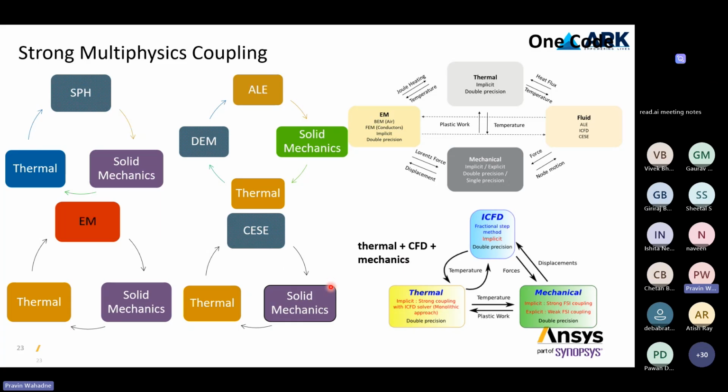Generally we call LS-DYNA a one-code tool. LS-DYNA includes all the solvers: incompressible fluids, ICFD, electromagnetic forming, particle-based airbags, blast modeling, discrete elements, meshless SPH, and ALE for sloshing and material flow.